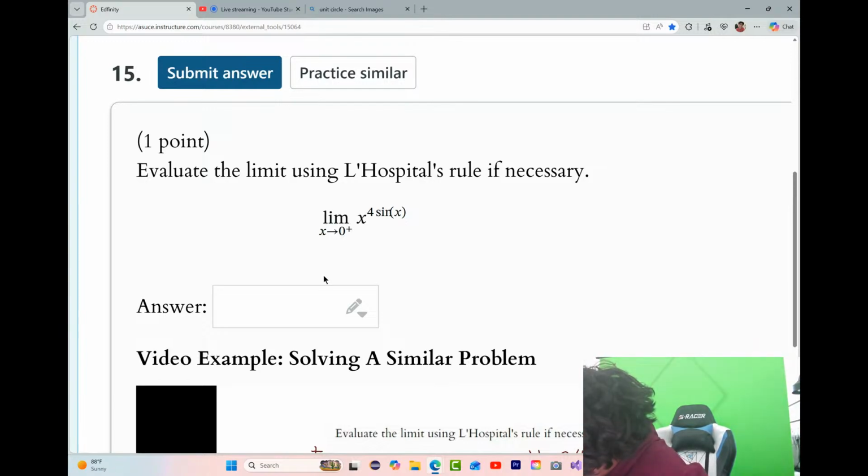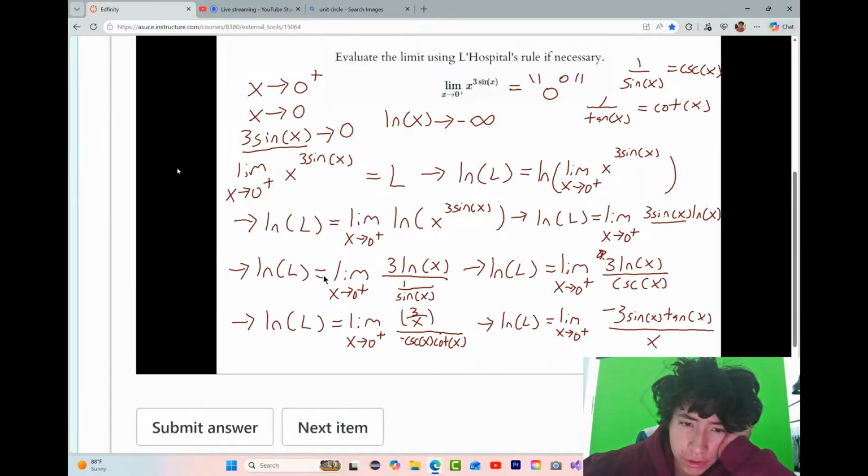So we have a negative infinity over 1 over 0. So that is infinity. Then we do the derivative of that: 4 over x over cosecant of x times cotangent of x. Dude, wow, I'm getting hungry. I need to eat.